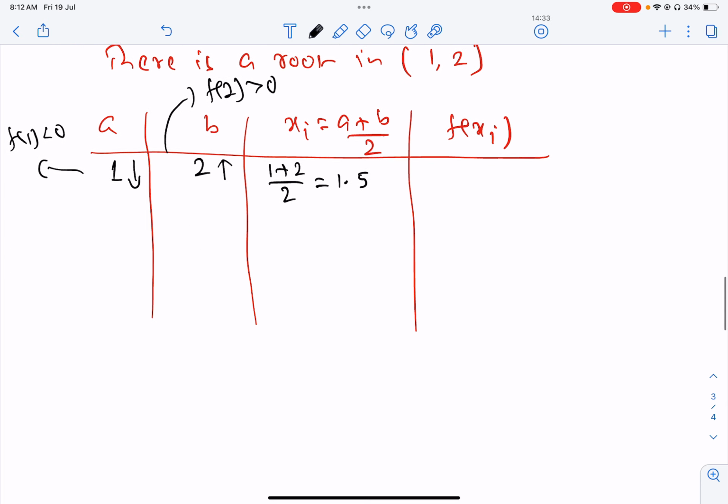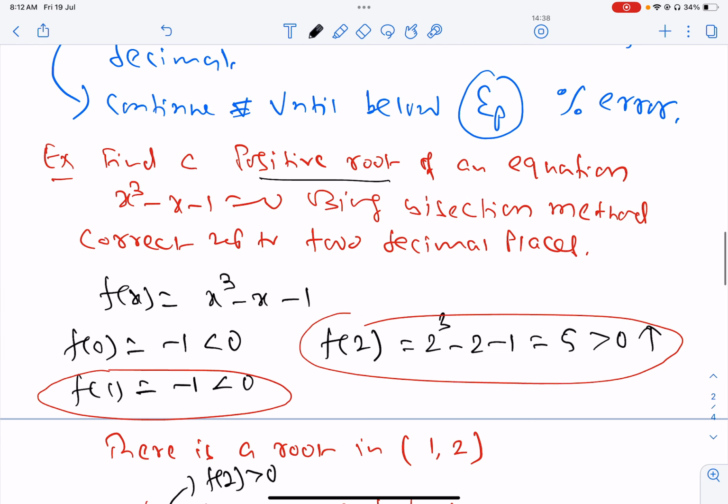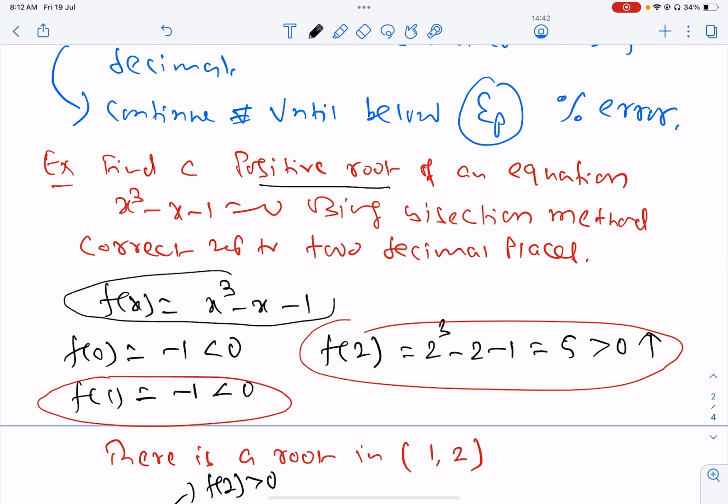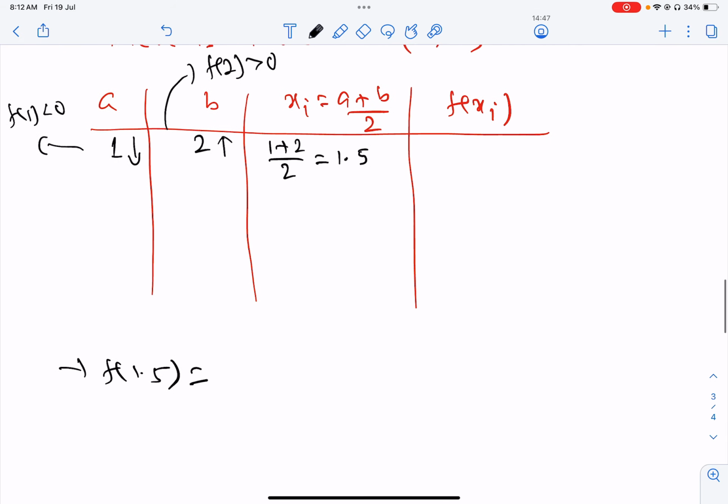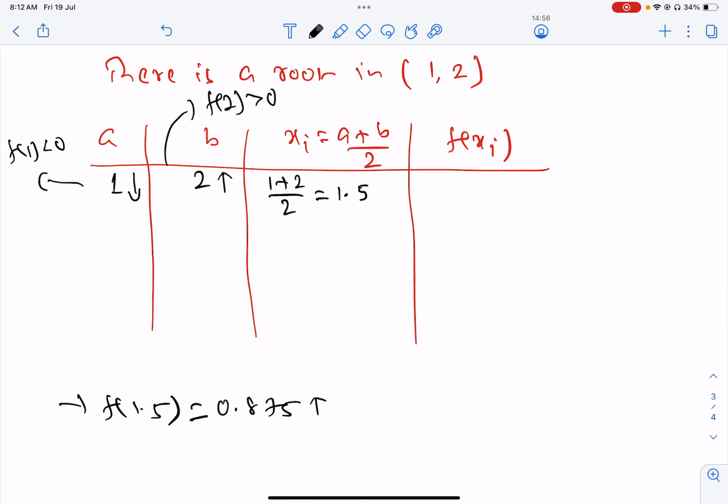Now you find f of 1.5. You have the function f(x) is x cubed minus x minus 1. Use the calculator and you can see that f of 1.5 is 0.875, and that is positive. So here you write positive. Now 1.5 is definitely there in the next step.